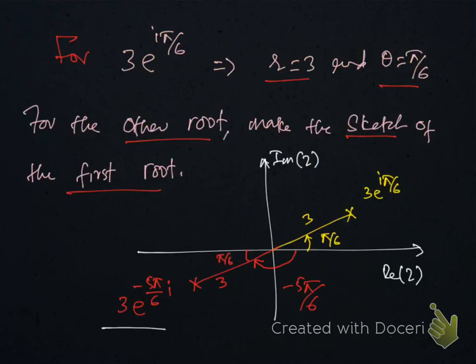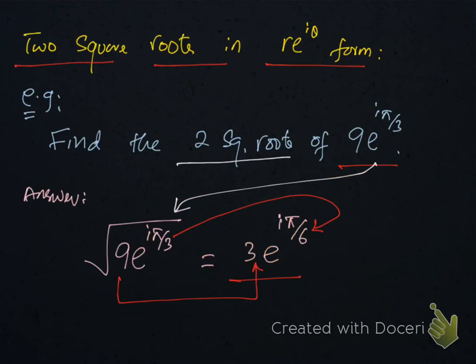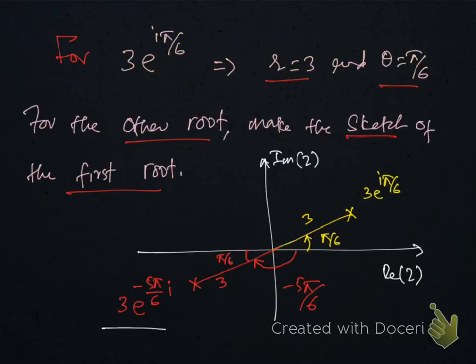Well, for the second root, we have got the first root. Now we need the second root, and you must know the second root must have the opposite sign. The first root has positive sign, so the second root must be the opposite sign, plus minus. So for the second root, first check the modulus and argument of the first root. The modulus is 3 and the argument is pi by 6. Since this root lies in the first quadrant, because the angle is positive, the second root must lie in the opposite quadrant because of the plus minus thing.